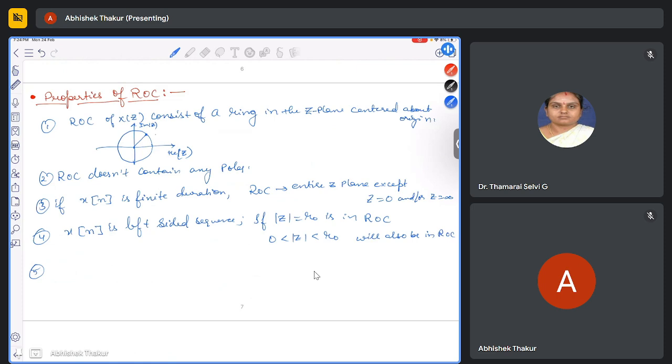Okay. Next is, if x[n] is a right-sided sequence, and if |z| = R0 is in the ROC, then all the rings having a radius greater than R0 will also be in the ROC.